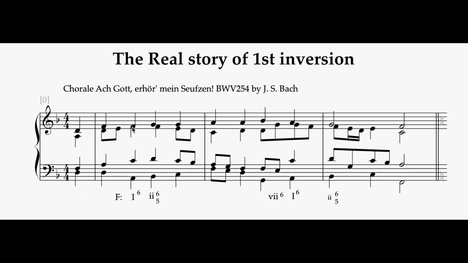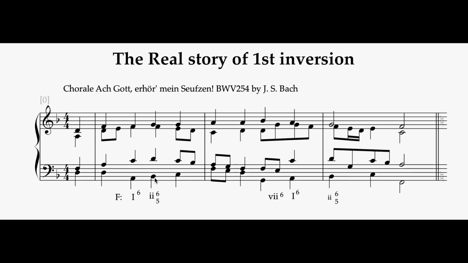But here we are with F major, but we have the third of the root position chord in the bass voice. So that means that we see Bach moving by step to the next chord.